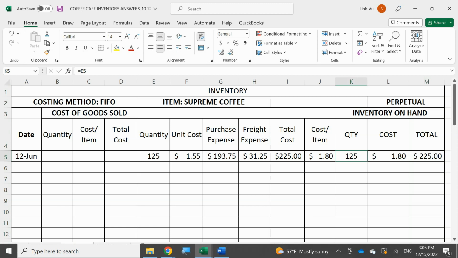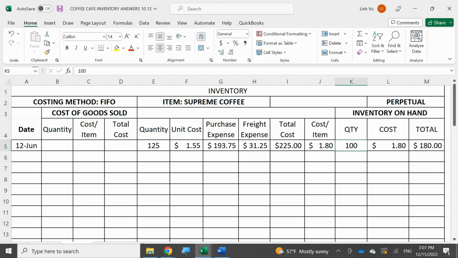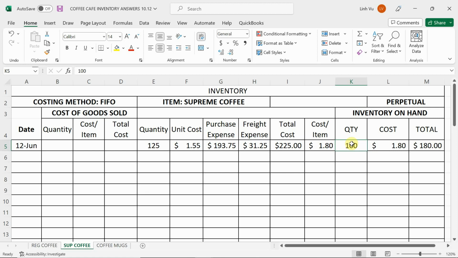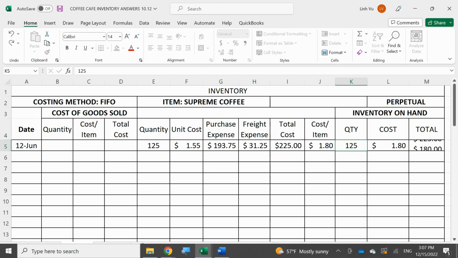All right, so if I had 100 and I sold 25, it will automatically calculate that amount for me. In this case, we had 250 pounds. We have 125 pounds, excuse me, which is currently at $225.